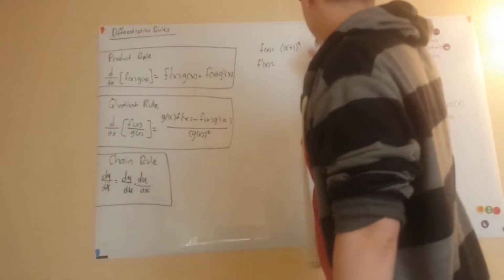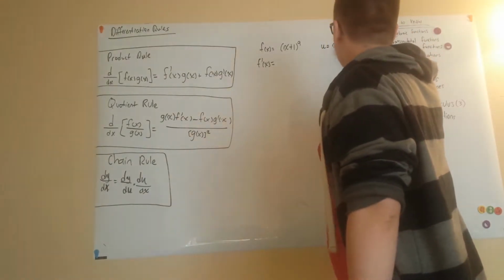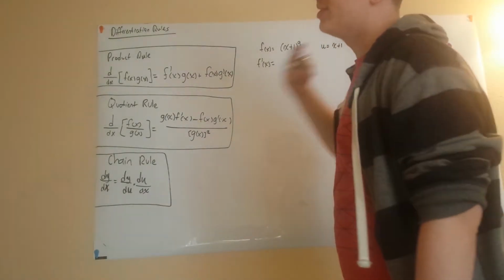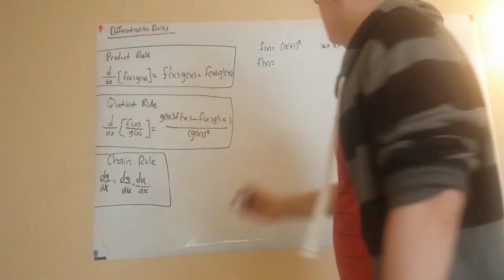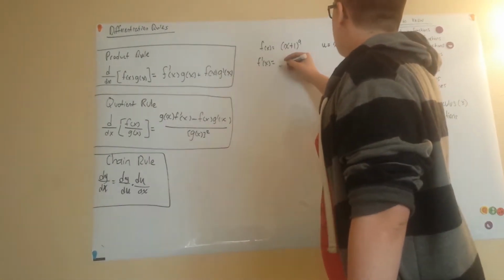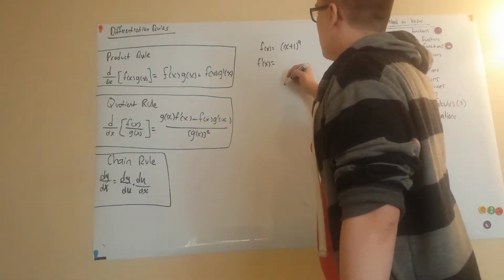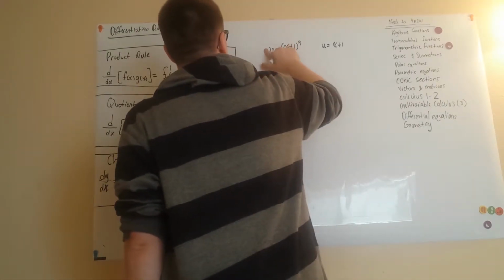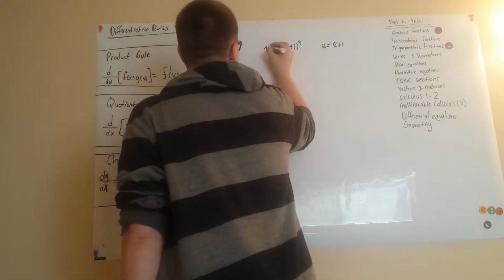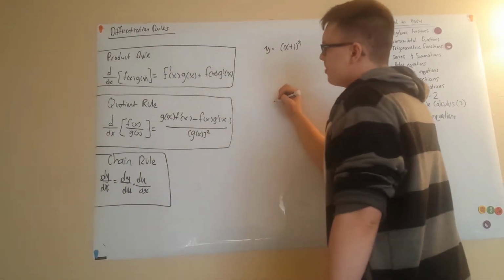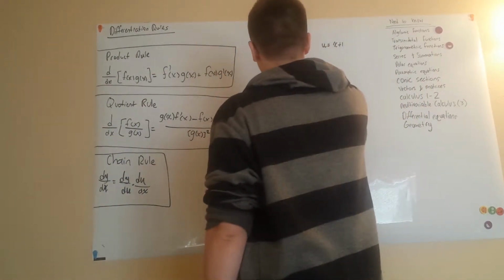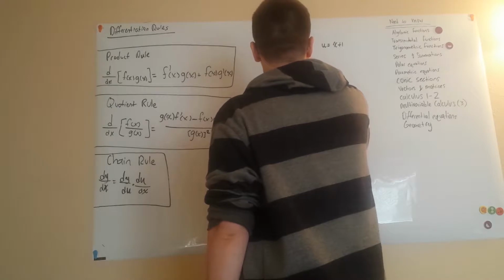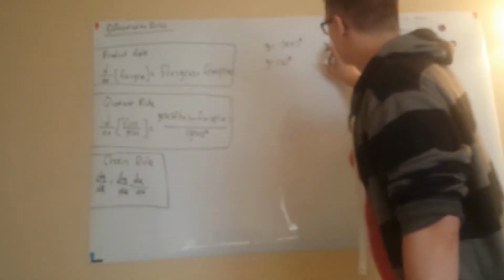I'm going to make u equal x plus 1, because that's what I don't want to expand. So I'm going to let this be y, and y equals u to the 9th because I substituted.